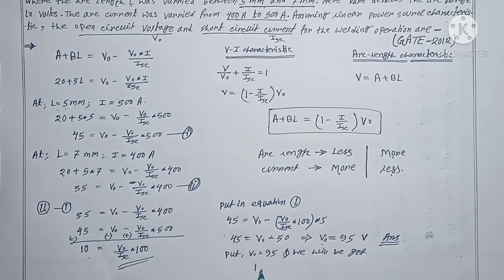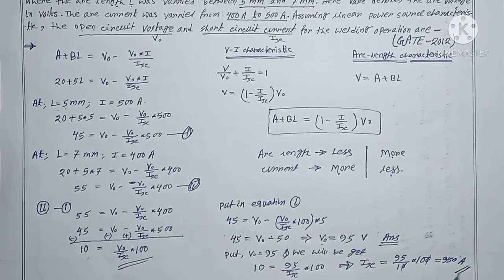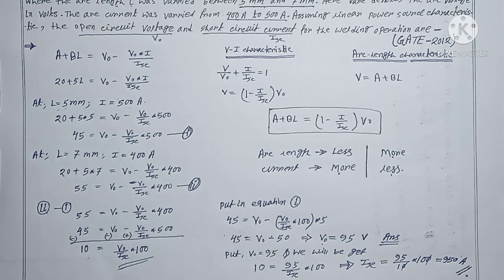Now 10 is equal to 95 by ISC into 100. Am I right? So ISC is equal to 95 by 10 into 100. 10 gets cancelled out, and you get 950 ampere. So this is also another answer.